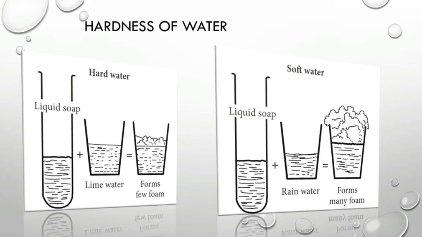Hardness of water is due to the presence of dissolved salts of calcium and magnesium. Hardness may be temporary or permanent. Temporary hardness is due to the presence of carbonate and bicarbonate salts of calcium and magnesium, and permanent hardness results due to the presence of chloride and sulfate salts of calcium and magnesium.